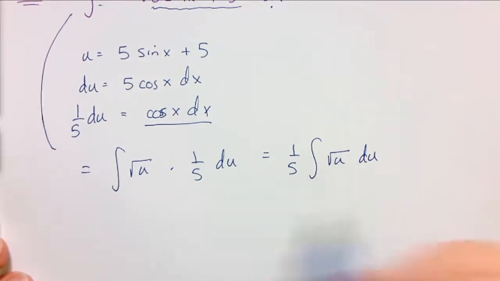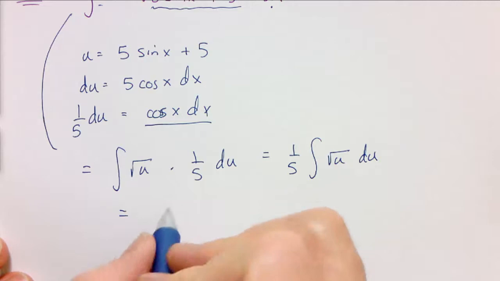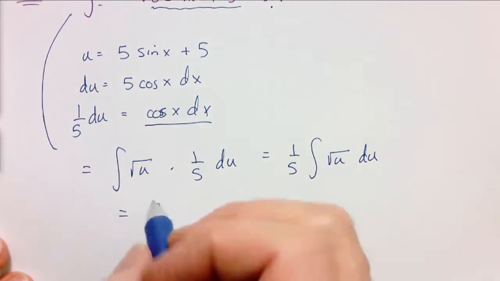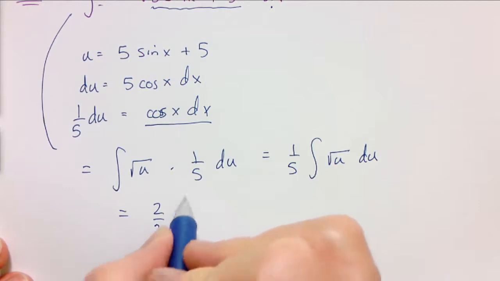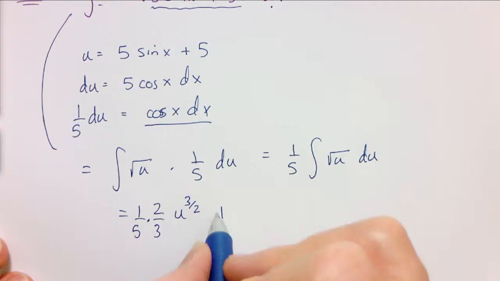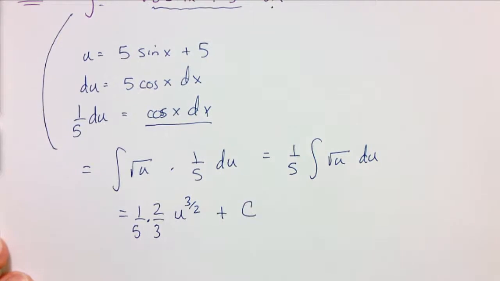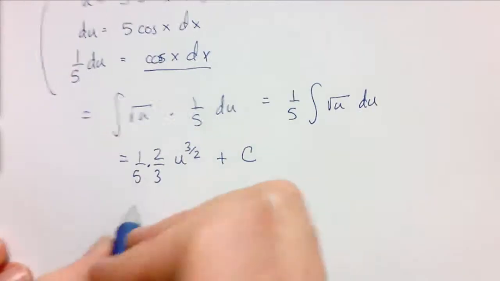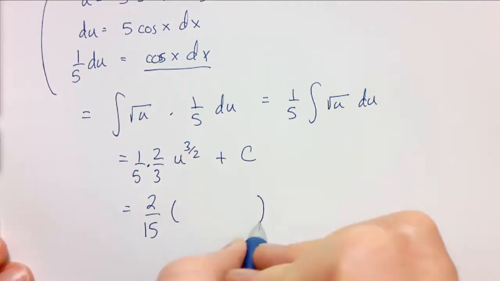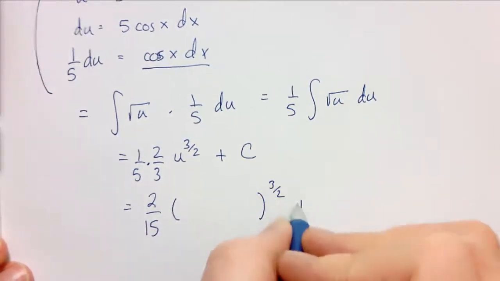So this is u to the 1/2. The antiderivative will be u to the 3/2 divided by 3/2, or times 2/3. The 1/5 is still there, plus an additive constant. So we have 2/15 u to the 3/2 plus c.